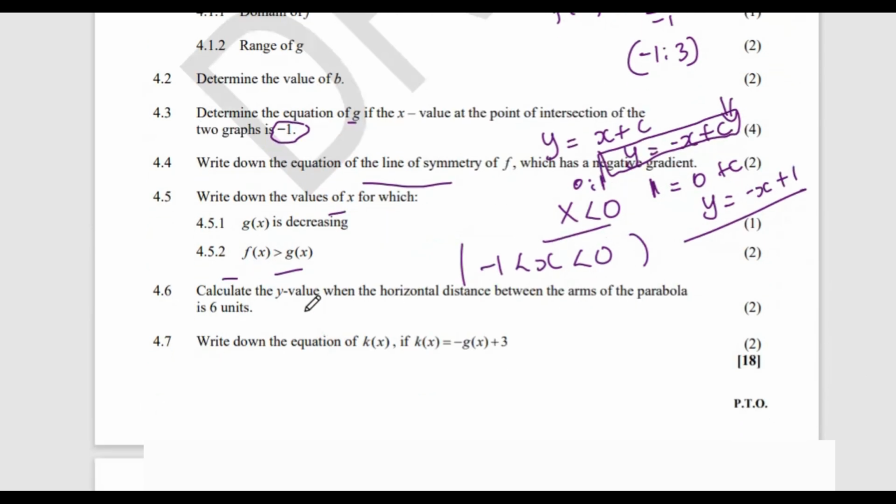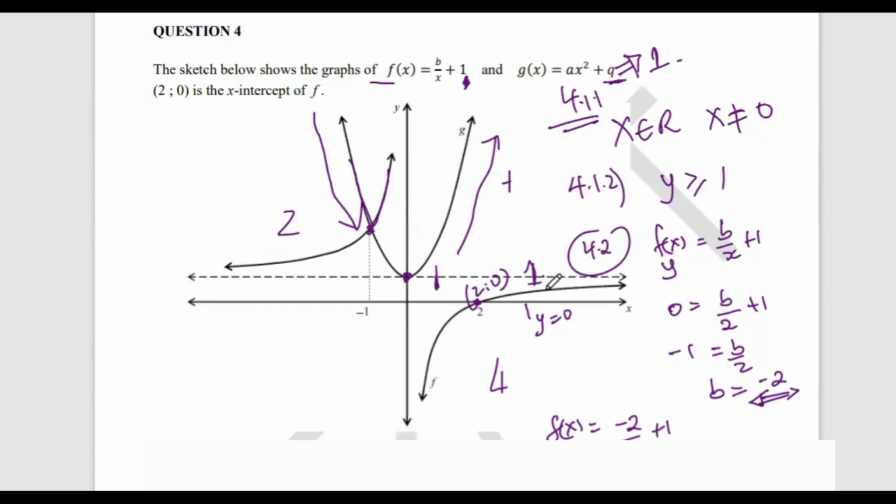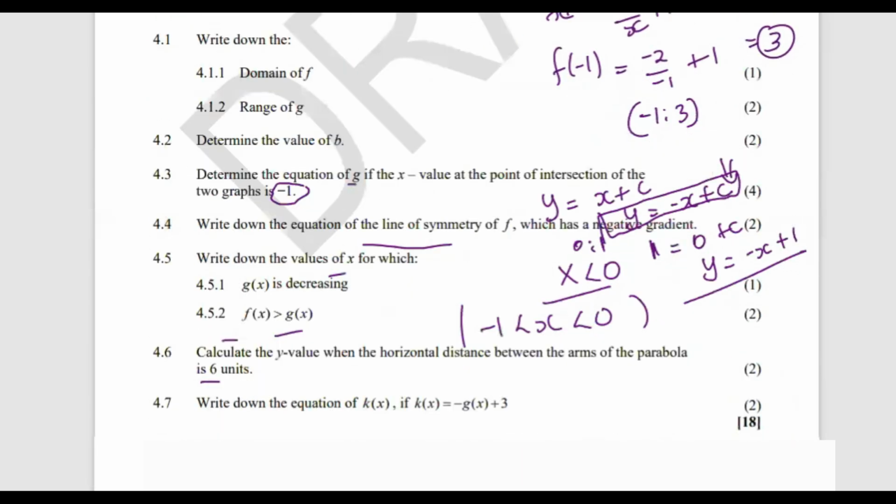Then 4.6: calculate the y value when the horizontal distance between the arms of the parabola is 6 units. What does this mean? Let me just read the question again.